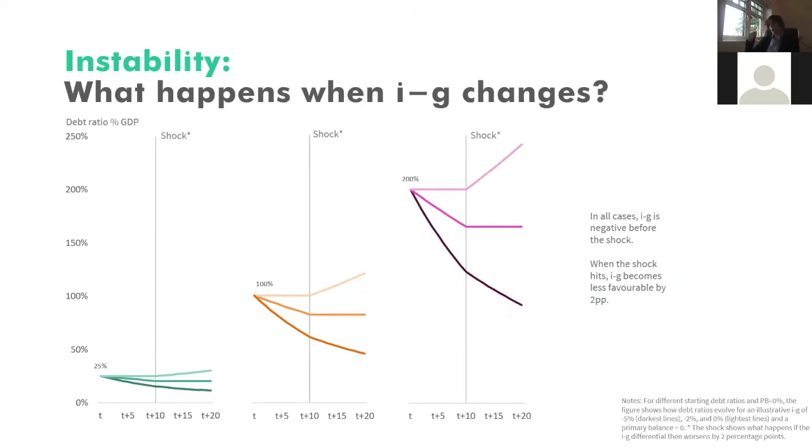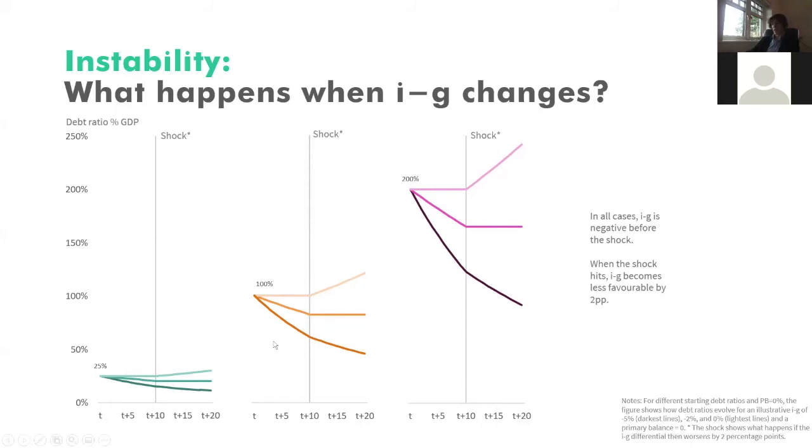And this chart, I think, is kind of the key one for explaining what can happen when you have uncertainty about I minus G, and uncertainty about the primary deficit, and you're operating at higher debt ratios. Here we're showing how the debt ratio would evolve for illustrative scenarios, starting at 25% GDP debt ratio, 100%, and 200%. And then we see what happens if you have different I minus G configurations.